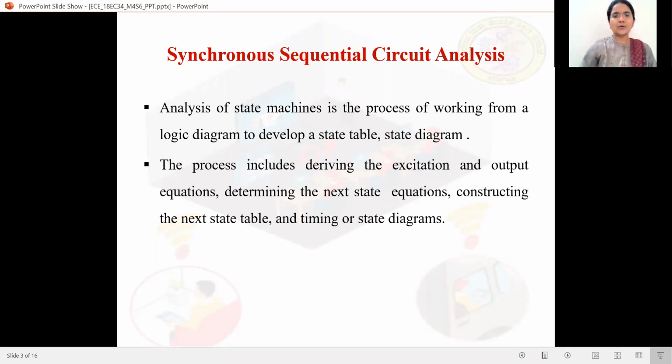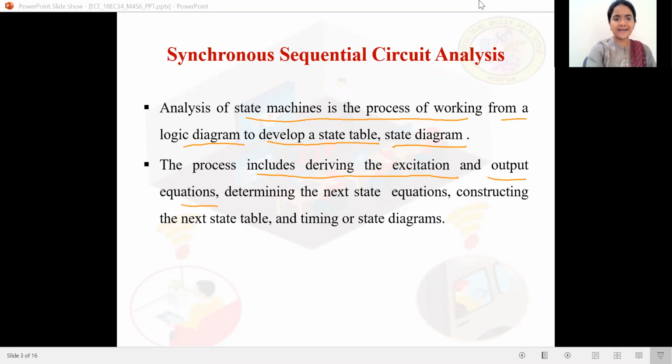Synchronous sequential circuit analysis. What is analysis? Analysis of a state machine is the process of working from a logic diagram to develop a state table and state diagram. We will have a synchronous sequential circuit. We have to derive the excitation and output equations, determine the type of the flip-flop, and write the next state equations.